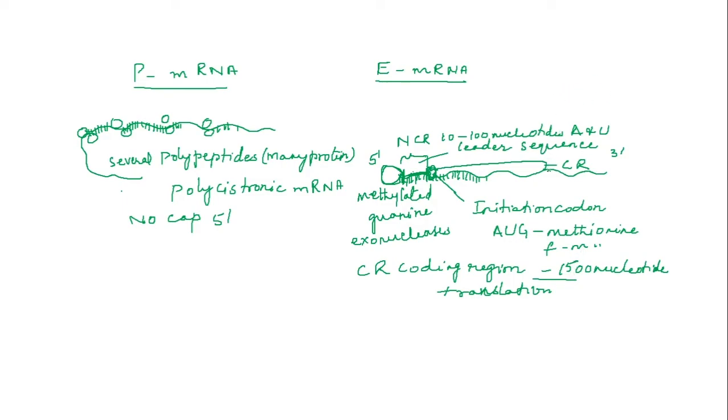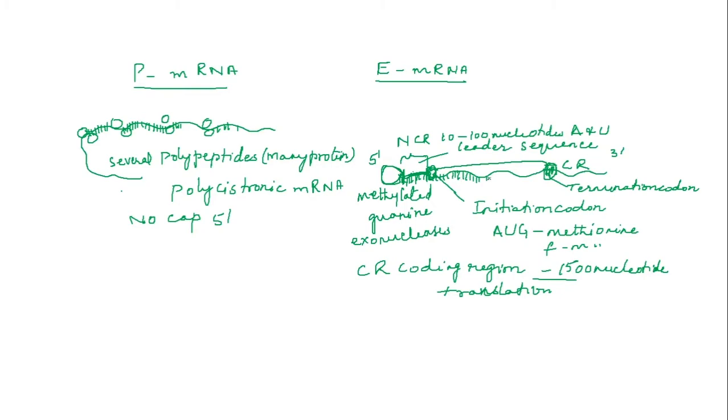After the coding region, there is another region which is called the termination codon. The termination codon is also called the nonsense codon. The reason for calling it the nonsense codon is that this codon does not give information for any amino acid, and so the protein synthesis ends here.